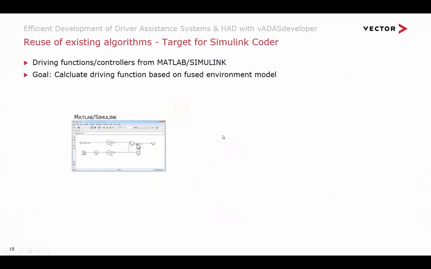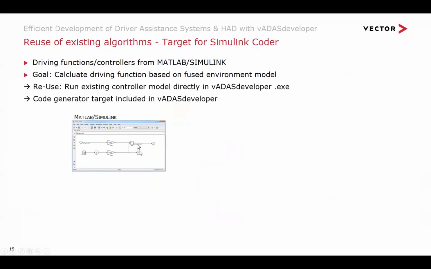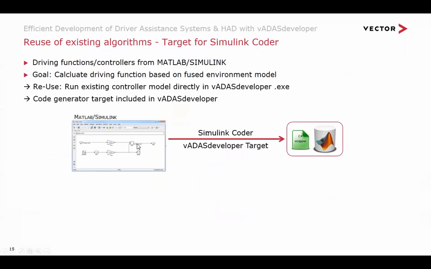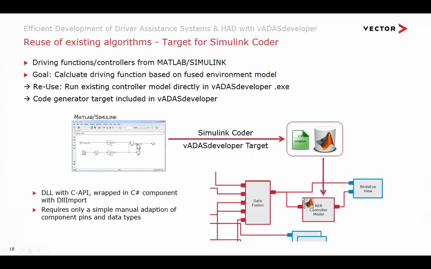I've just put in the target for Simulink Coder, because for Simulink we also provide a so-called vADASdeveloper target. This means you can compile your Simulink model into a C++ DLL. It's a DLL that you can use, and we provide a C# wrapper for it, so you can call this DLL from within your code and, for example, include such a controller model inside your vADASdeveloper application.